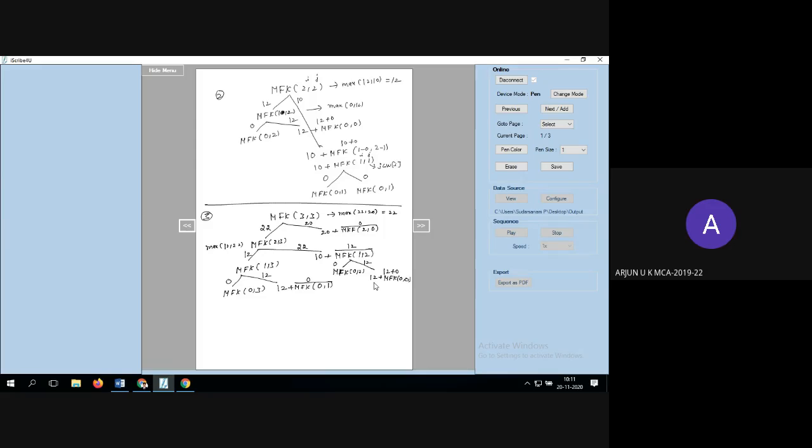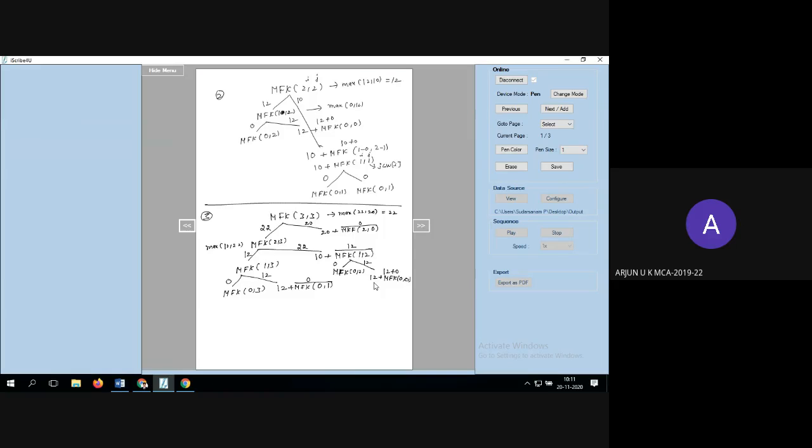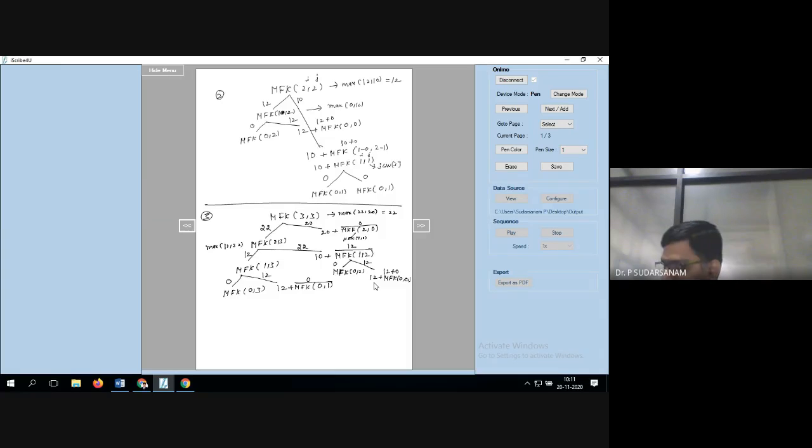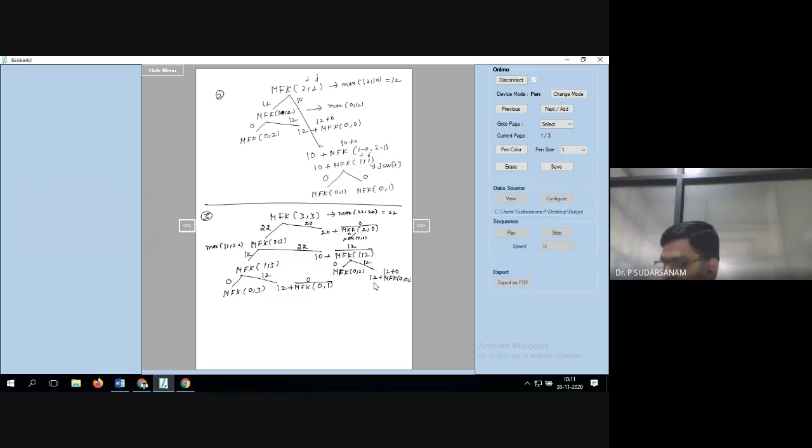MFK of 2 comma 0. So on the left hand side, you tell me now. 1 comma 0 is 0 only. Okay? 1 comma 0 is 0 only. Don't worry. So 2 comma 0, then 0 values.